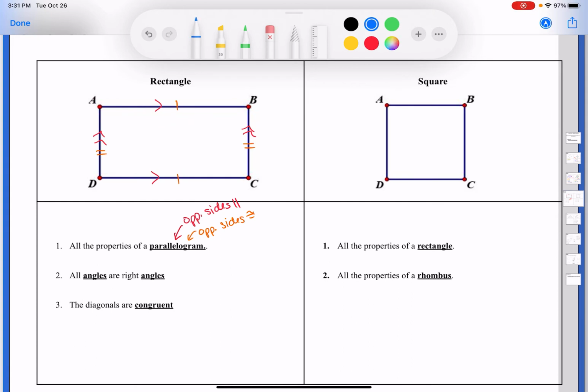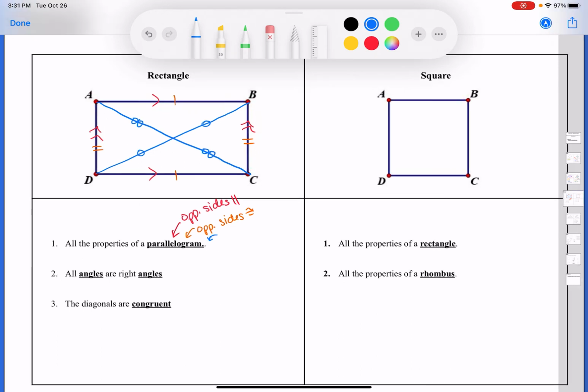It means diagonals bisect each other. All that good stuff.